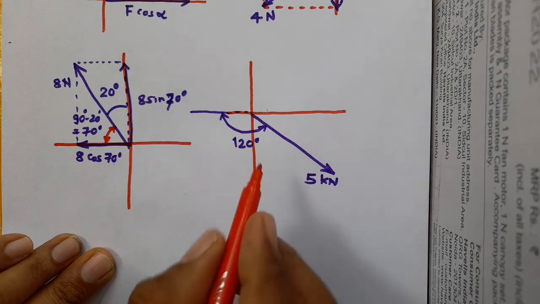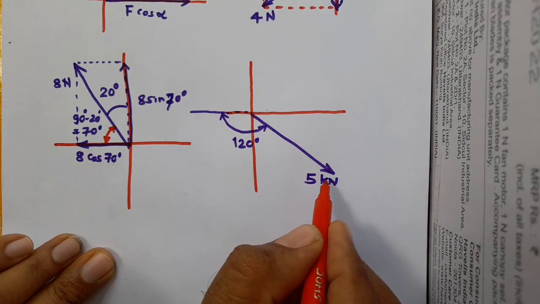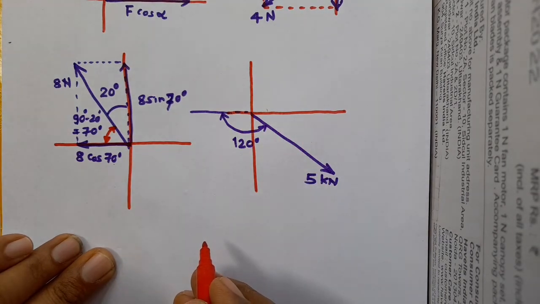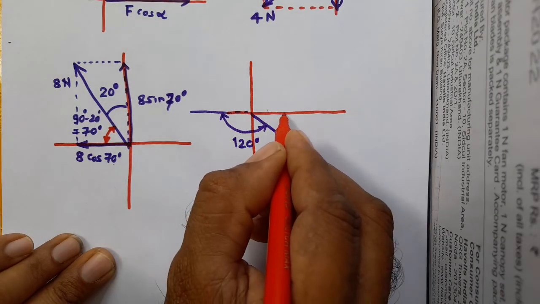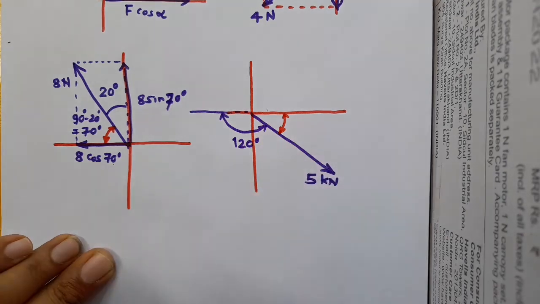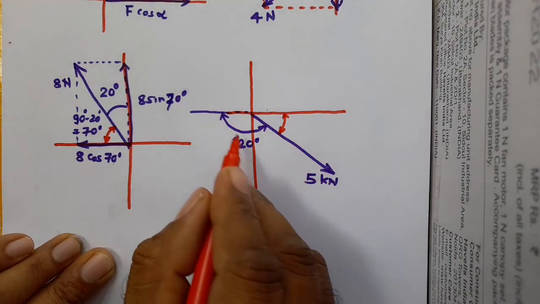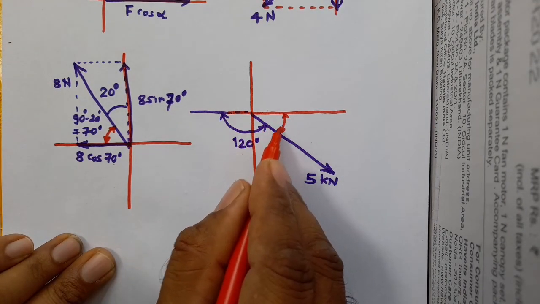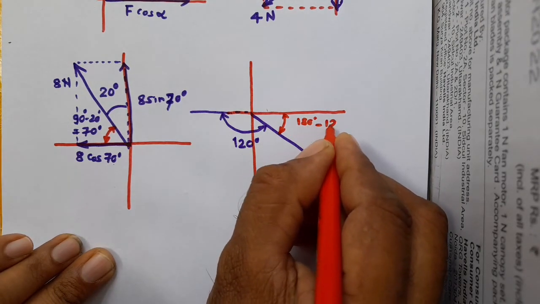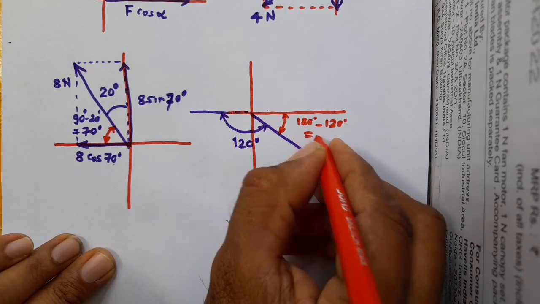Having done this, ask yourself what angle this 5 kilonewton force makes with the horizontal, and that angle has to be acute. It is this angle which is acute and made with the horizontal. If this is 120, this has to be 180 degrees minus 120 degrees, that is 60 degrees.